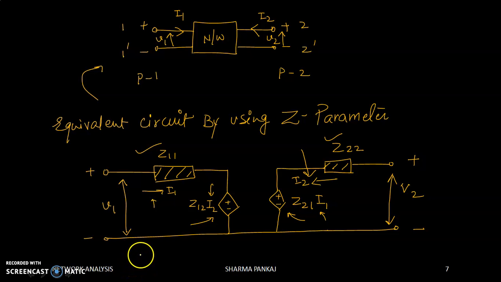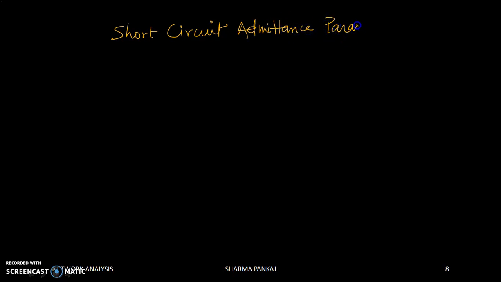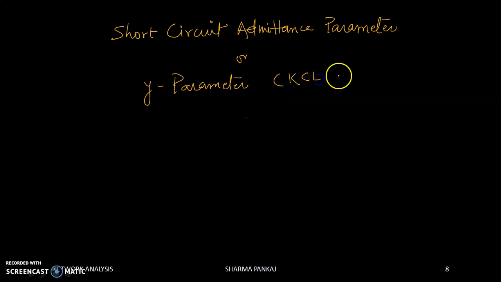Now we are going to study the short circuit admittance parameter, also known as Y parameter, in which we have KCL equations.